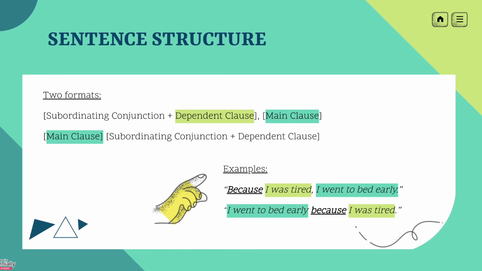So let's look at our sentences. Because I was tired, comma, I went to bed early. Or I went to bed early because I was tired. In the second one, you don't see a comma. Easy, right? Just remember, comma after the dependent clause if it comes first only.